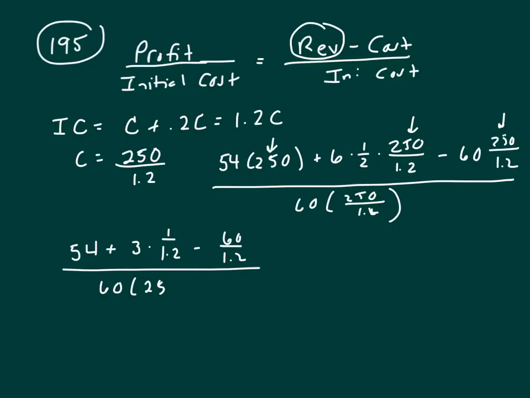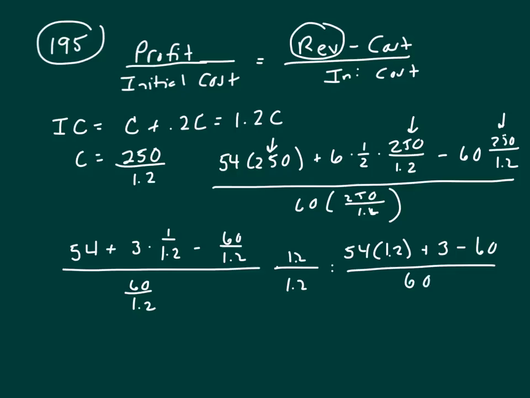Let me erase that. And it's going to be 60 over 1.2. And now what I want to do is multiply top and bottom by 1.2 to get rid of these complex fractions.